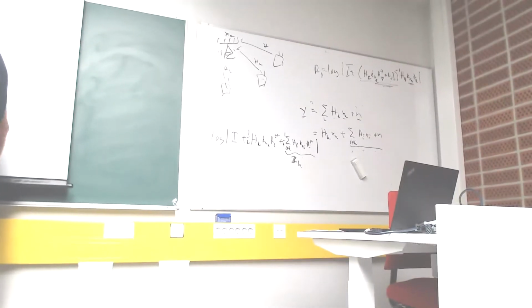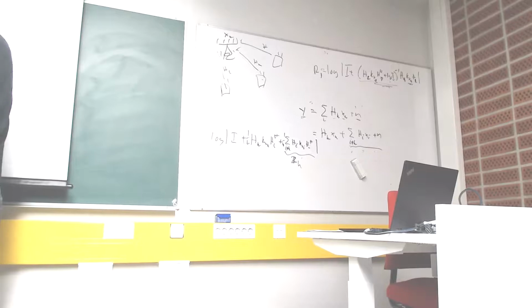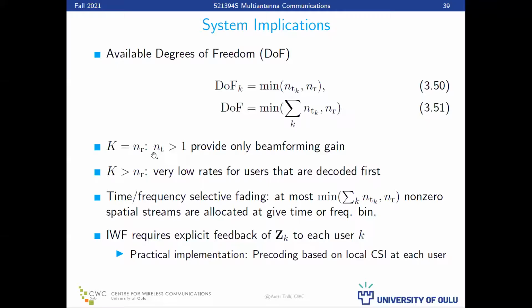I'll give some MIMO system implications. In general, for the multi-user MIMO, obviously the degree of freedom limits per user apply. So for each user, there is a number of streams that are not interference limited, right?